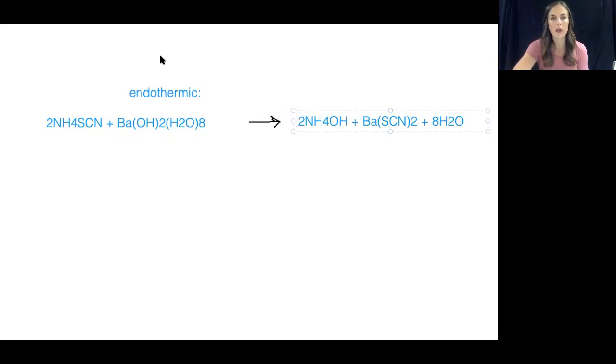So when we rewrite our equation with the new information, we'll put right here plus energy on the reactants side. Sorry, I'm trying to get that really close here. You get the idea. It is a reactant, not a product, because energy is being absorbed. So you're not going to have energy at the end. You're starting with it. You're using energy to cause the chemical reaction to occur.